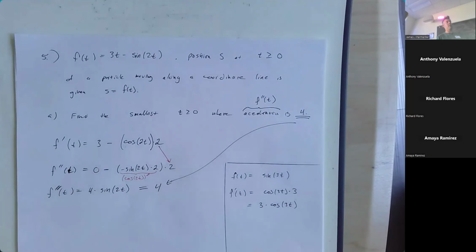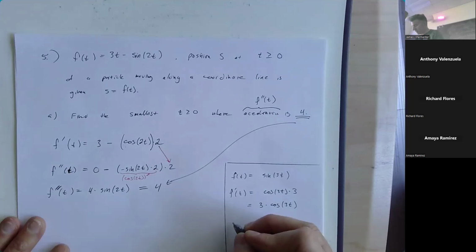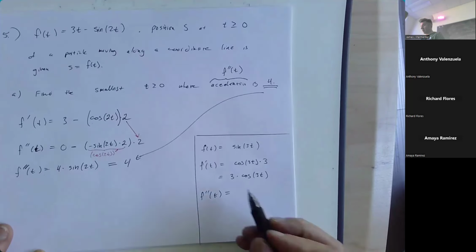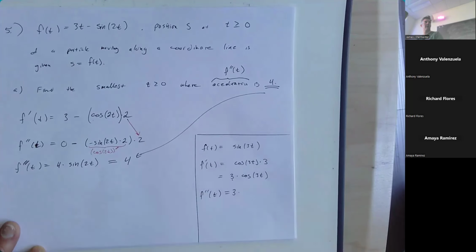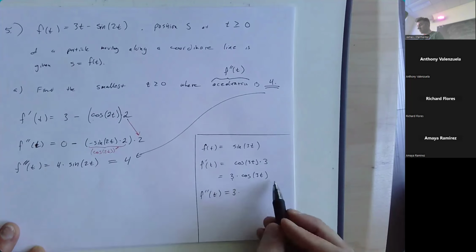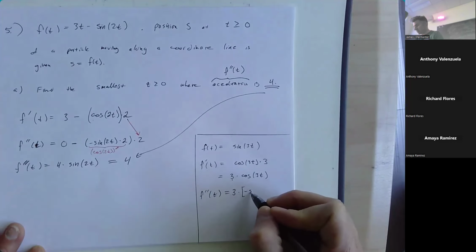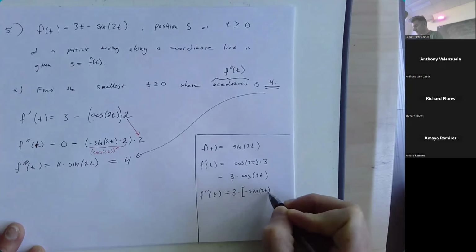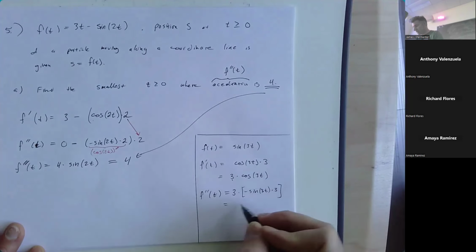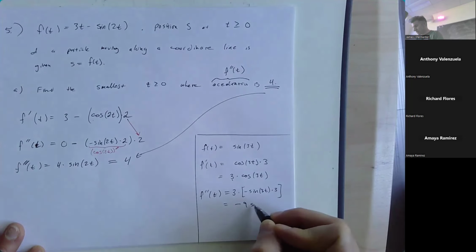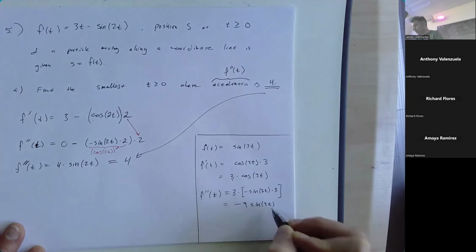Order of multiplication doesn't matter, and we like writing constants first. To take the next derivative, the constant multiple just hangs out, and the derivative of cosine of some stuff is negative sine of the stuff times the derivative of the inside, which is 3. So I'm getting negative 9 sine of 3t.